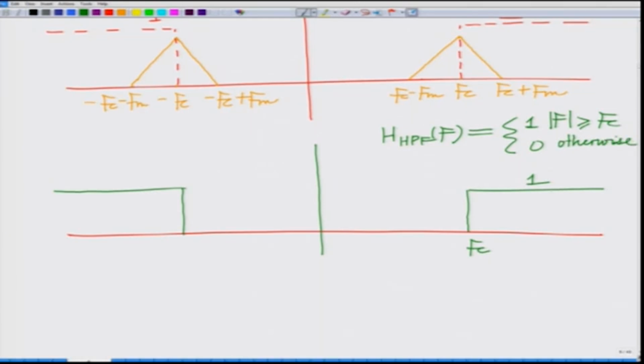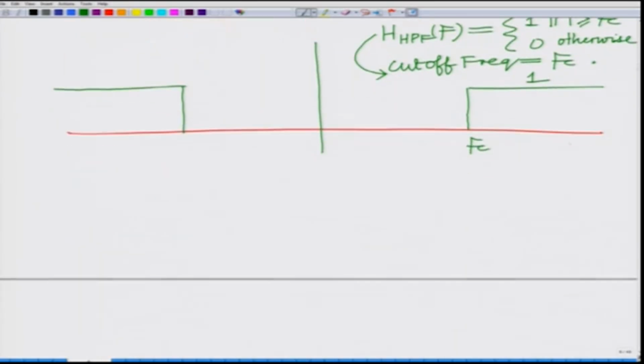So, the cutoff frequency is equal to Fc, that is basically an ideal high pass filter. In practice it is very difficult to design such filters, but it is an ideal high pass filter which has gain unity for all frequencies greater than or equal to Fc, and gain equal to 0 for all frequencies between minus Fc to Fc.